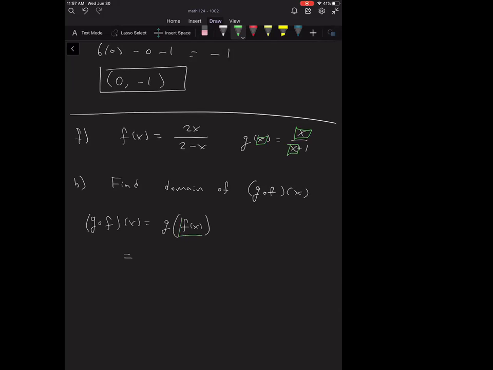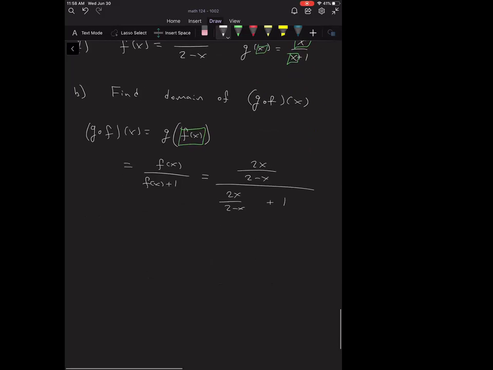But now the inside of the parentheses is this f of x. So we're just going to replace all those green boxes with f of x. So we're going to have f of x over f of x plus 1. What does that equal? f of x is 2x over 2 minus x. So we're going to have 2x over 2 minus x, divided by 2x over 2 minus x plus 1.